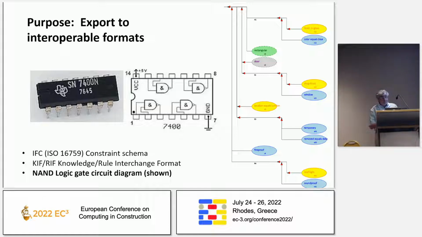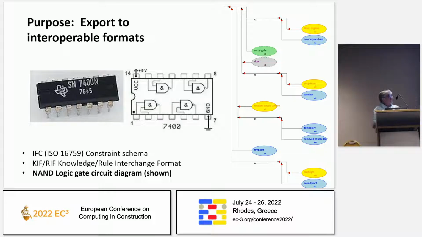Another example of interoperable knowledge formats is knowledge interchange format or rule interchange format. There's a family of these, and they may tie up with semantic web implementations. But the one I've chosen to show is the circuit diagram.